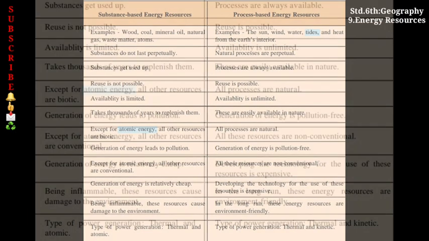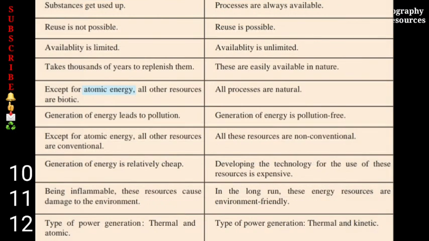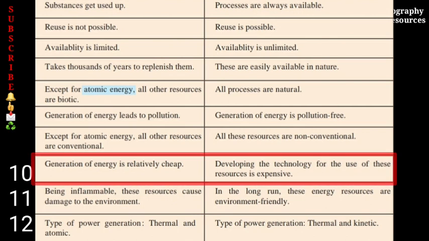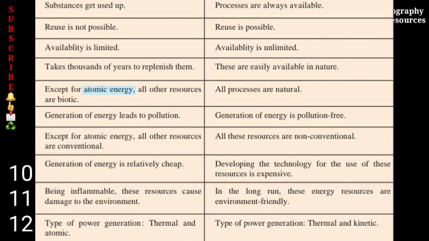Now the 10th characteristic of substance based energy resources is, generation of energy is relatively cheap. Yes students, these substances are easily available in nature, so it is relatively cheap compared to process based energy resources.